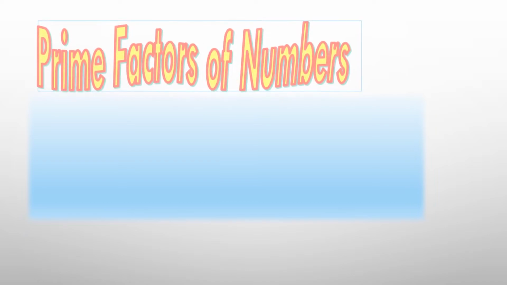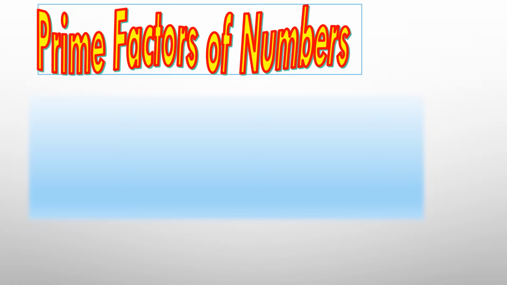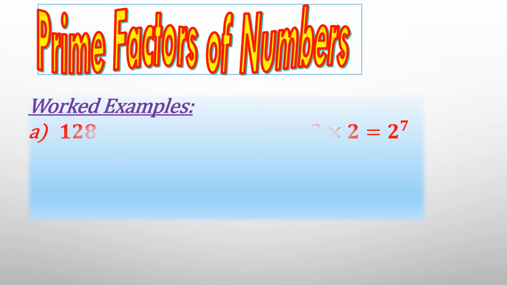Now, to start with, let us look at the prime factors of numbers and how we are supposed to go about it. The prime factors of numbers are found by use of prime numbers. We know about prime numbers. Very good examples of prime numbers are 2, 3, 5, 7, 11, 13, and such numbers.